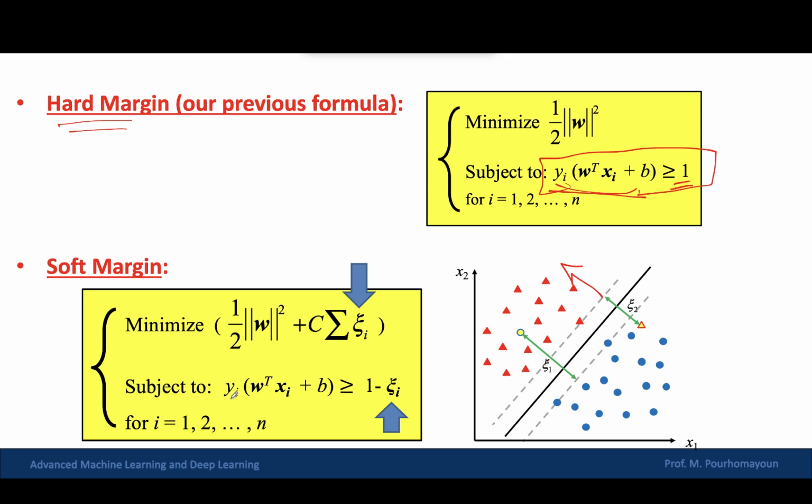Now I say more than 1 minus something, okay? So I make this condition a little relaxed by making this threshold less than 1. Okay, so everything should be on this side of the line. Everything should be more than 1, but minus something. 1 minus something.